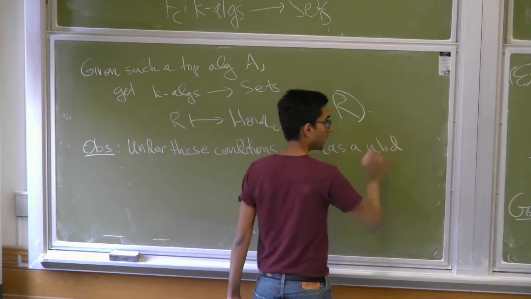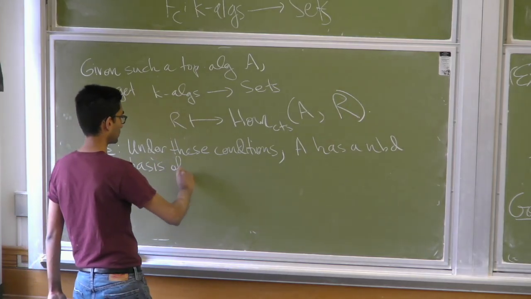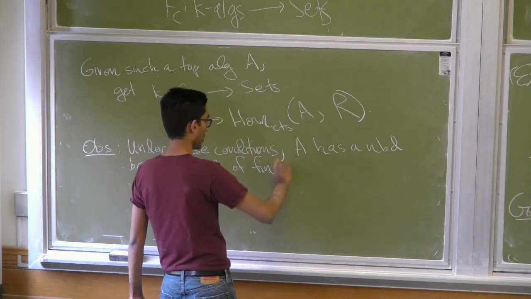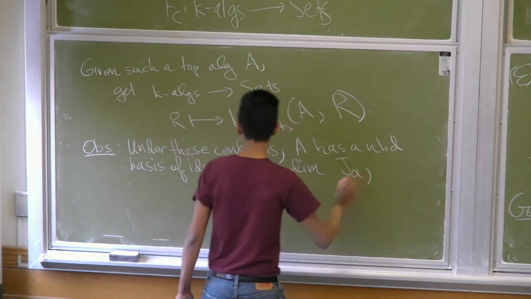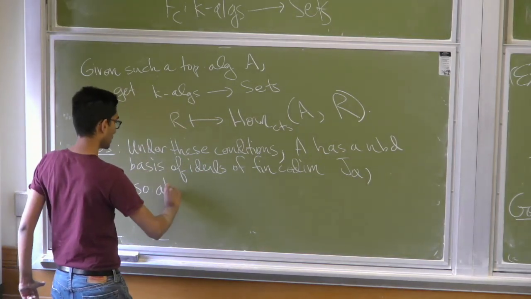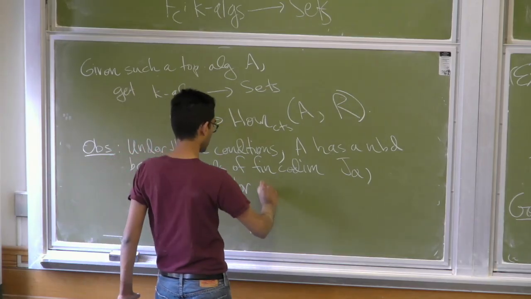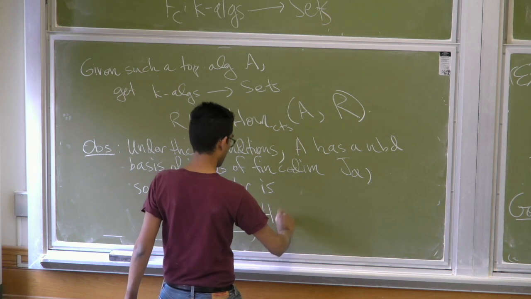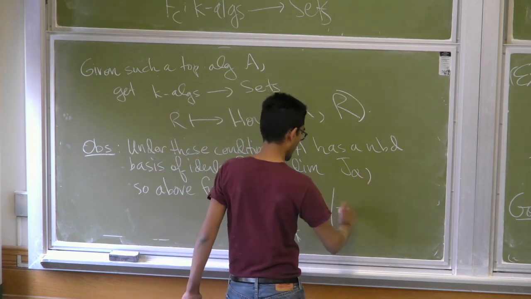A neighborhood basis of ideals J alpha of finite codimension. And so then this functor is in fact an ind-scheme. It's just a colimit of Homs of K-algebras from A mod J alpha.